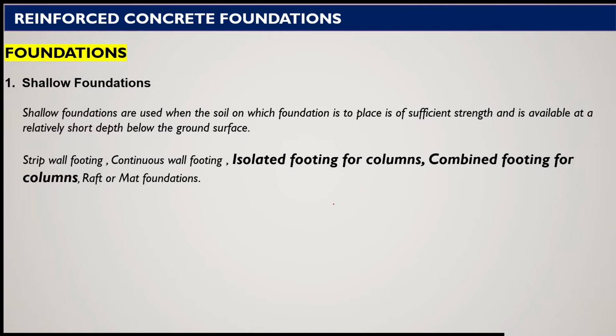That means if a column has its own footing, that is isolated footing. And when we are combining the footing of two columns or more than two columns, that will be combined footing. And if the number of columns is more, then there may be raft footing or mat type of foundations.